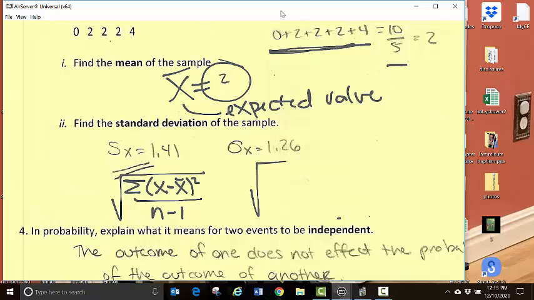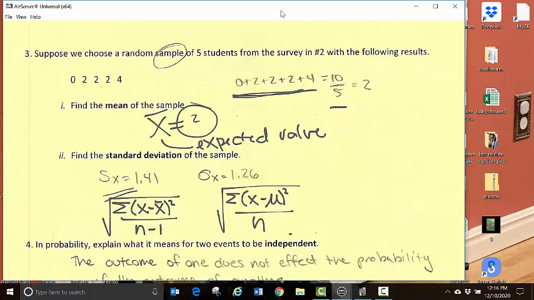And this one is the sum of every value minus the population average squared divided by n. You should know how to do it by hand, but I'm completely fine if you do it in the calculator. However, if you had by hand work and you had the right answer and then you messed up when you put it in the calculator, I could go back and fix it for you.